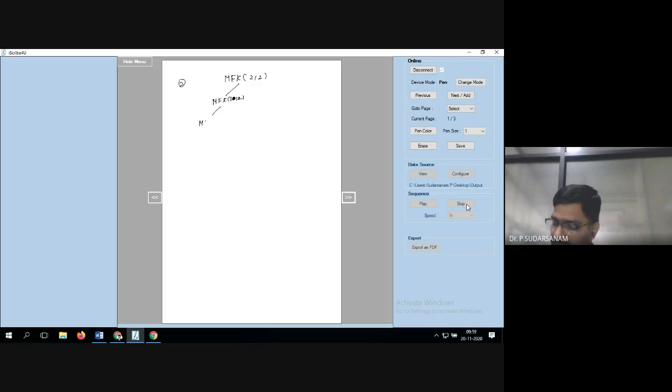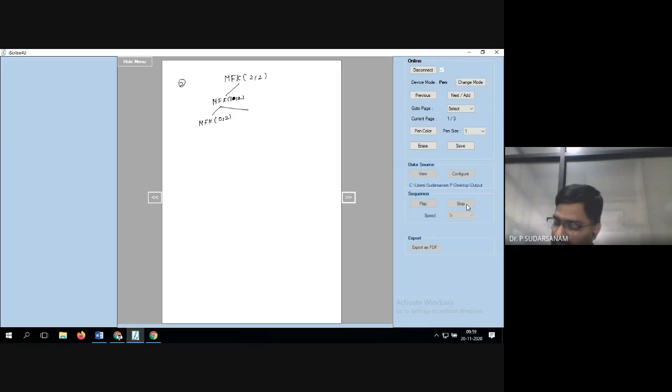Again on the left hand side, MFK of 0 comma 2. The values on the left hand side you have to subtract. That's it. Now MFK of 1 comma 2.